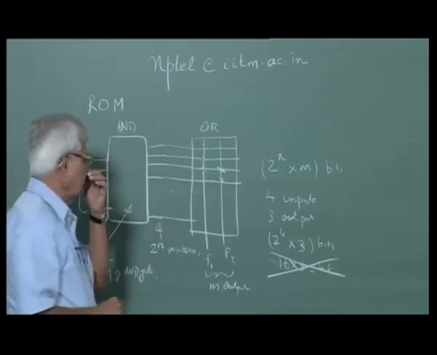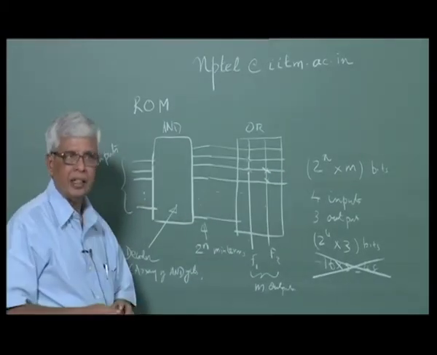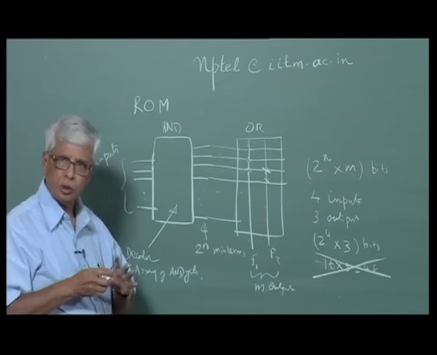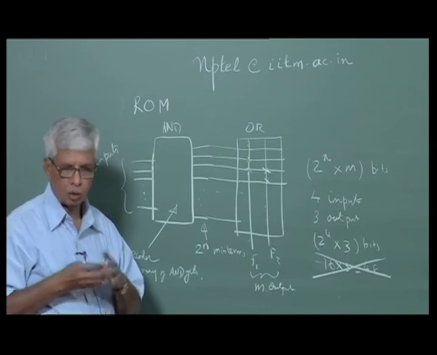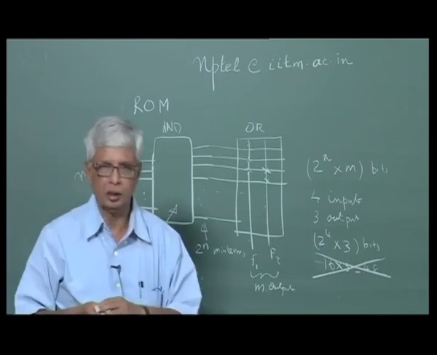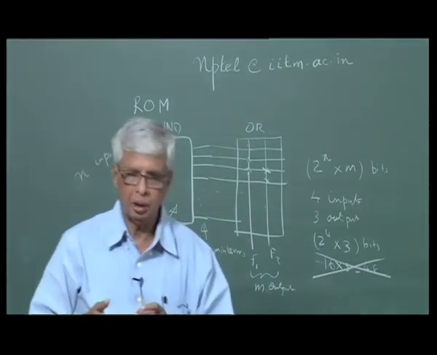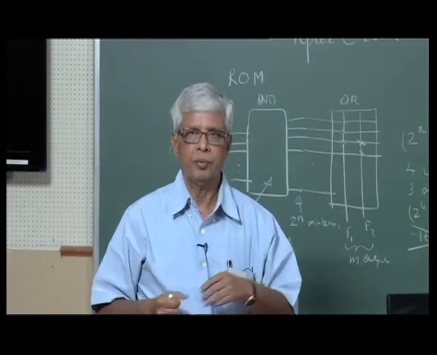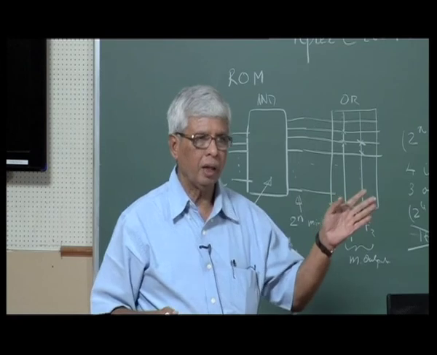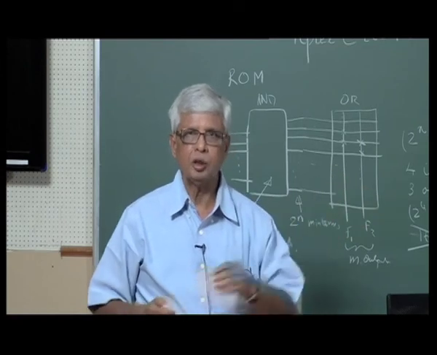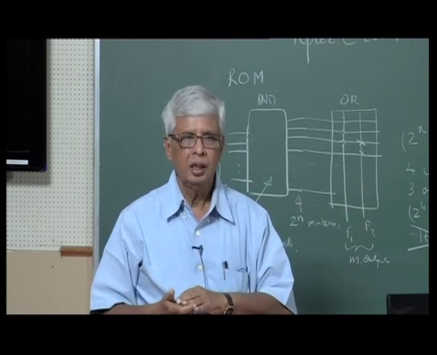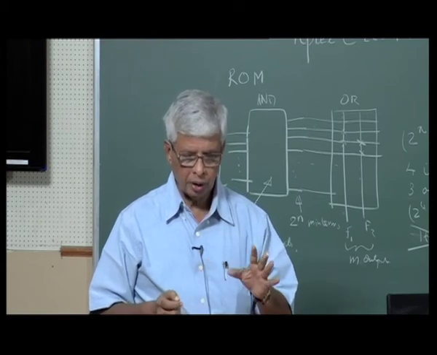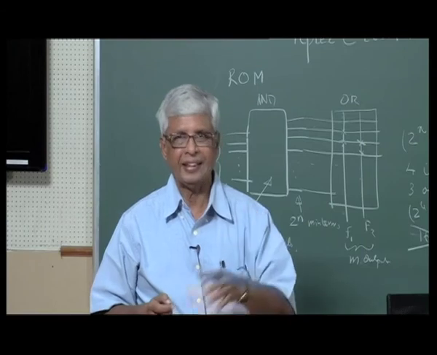We saw a few applications the other day. One use of this ROM is extensively where you want to store a truth table, for example, or some table like a code converter. Last time we saw an example of a 7-segment display decoder. We also saw an example of a converter from hexadecimal to ASCII.